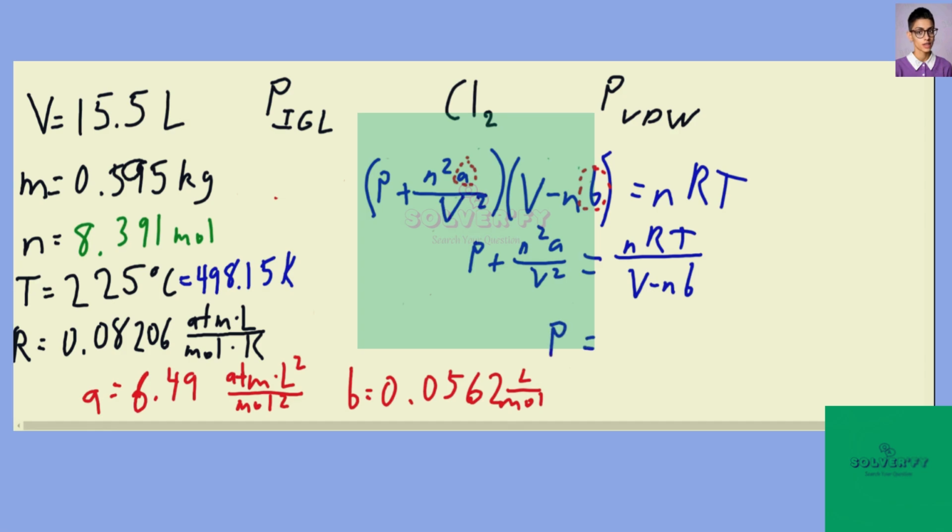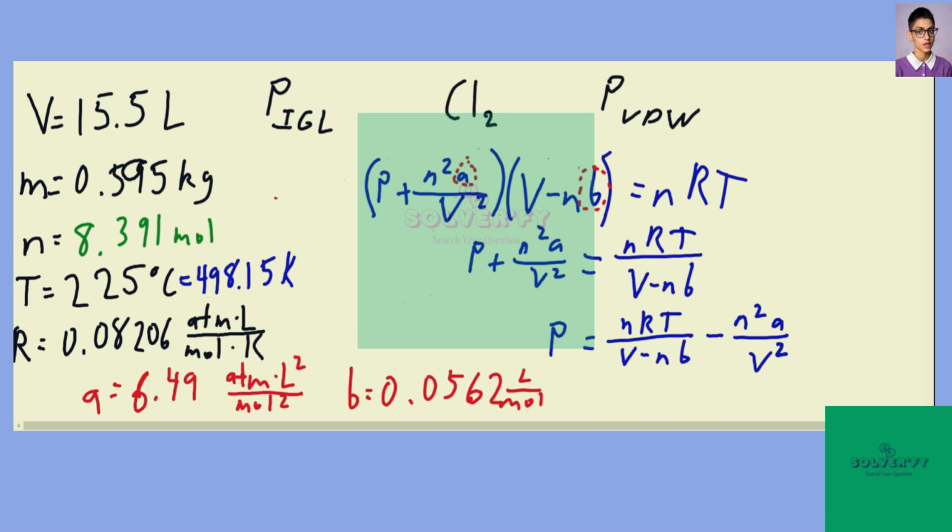So P will equal nRT over V minus nB, and we've now taken this and subtracted it from both sides. So we're going to say minus n squared A over V squared. I don't have a ton of room left, so I'm just going to scroll in. If my computer will let me. It won't.